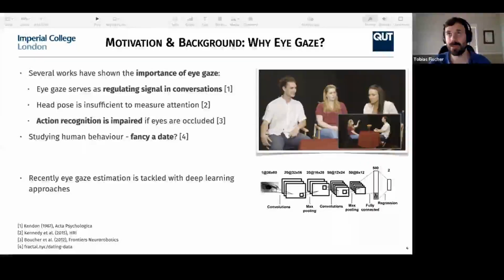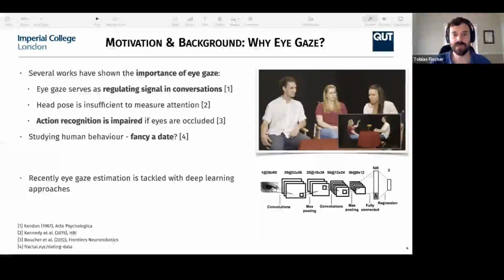So whether I'm looking up, down, left, or right, that would be the output of this network. Those deep learning approaches have been really successful. However, they have one big drawback, in that they require a huge amount of training data in order to train those weights. And it's no different for eye gaze estimation.